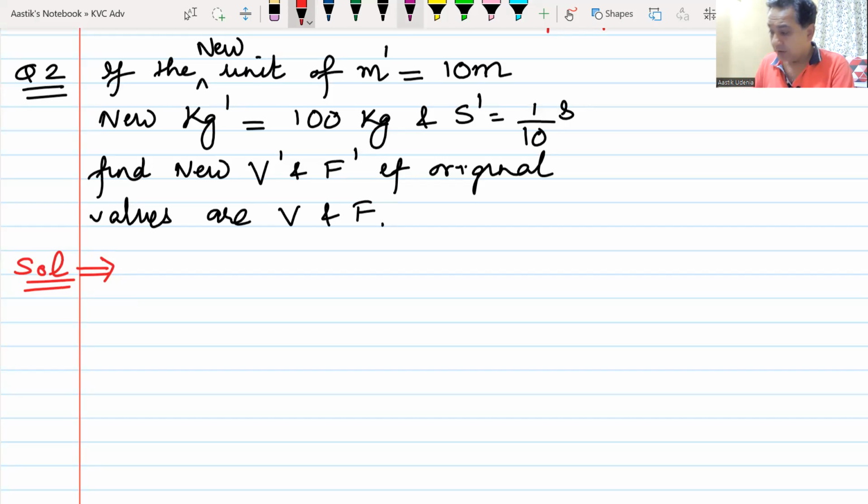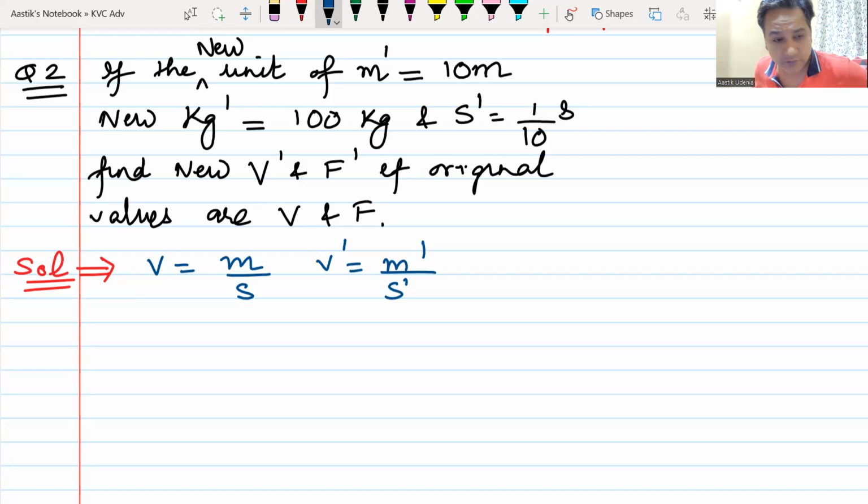So let me call the original velocity as v. Original velocity v is meter per second. The new velocity v dash will be meter dash per second dash. Yes or no? Now instead of meter dash, I will put the value of meter dash. And as you can see, the value of meter dash is nothing but, my dear friends, 10 times of meters.